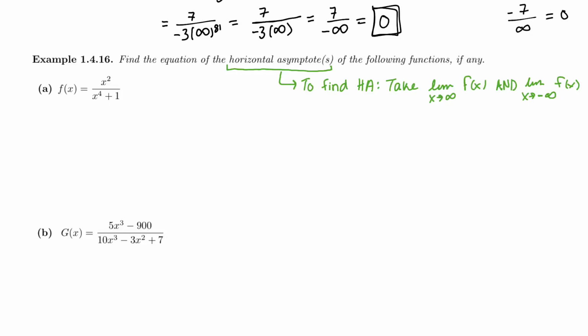If they equal a number, then you have a horizontal asymptote. If they equal positive or negative infinity, there's none. So if it equals a number, then there's a horizontal asymptote at y equals that number. If they equal positive or negative infinity, no horizontal asymptote.